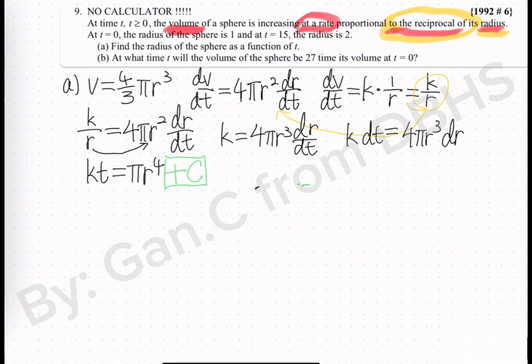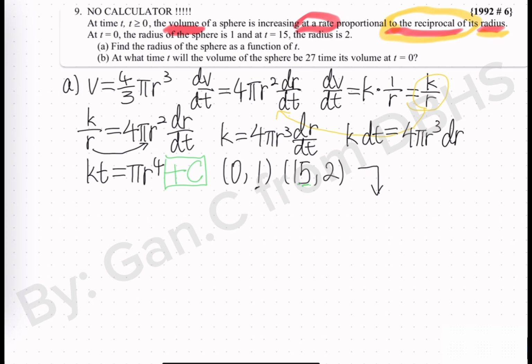Okay then, what should I do? I know that this function is passing through the points (0, 1) and (15, 2), right? Can I plug these into a whole long system of equations? Of course I can, so let's plug it in.